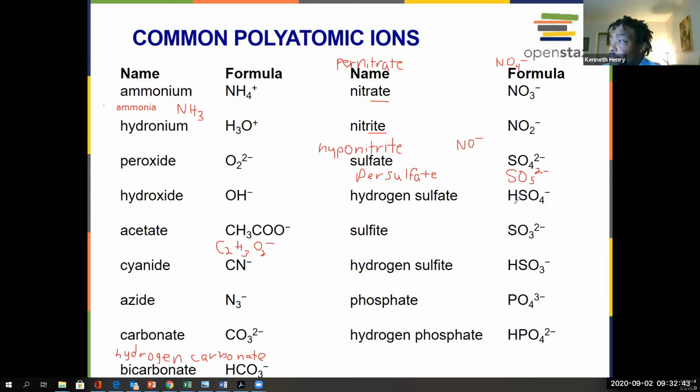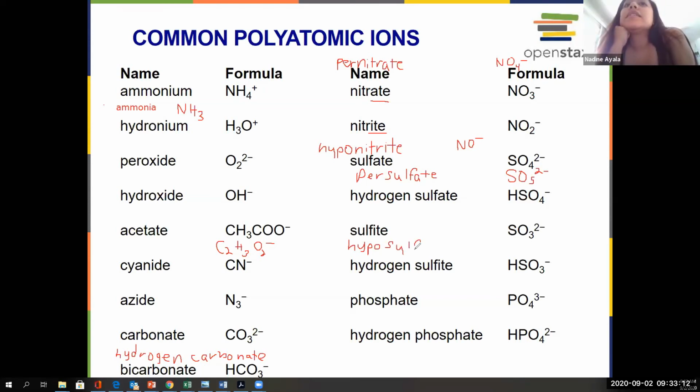So HSO4 minus, that's going to be hydrogen sulfate. Just the fact that we added a hydrogen to it. So this is sulfite, SO3, 2 minus. So if I want to go hyposulfite, what would be the chemical formula for that?